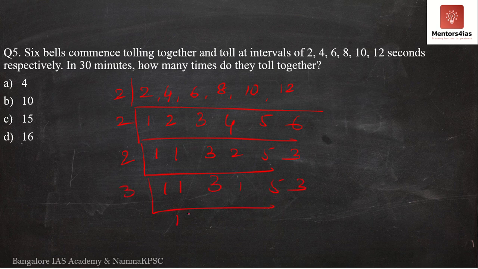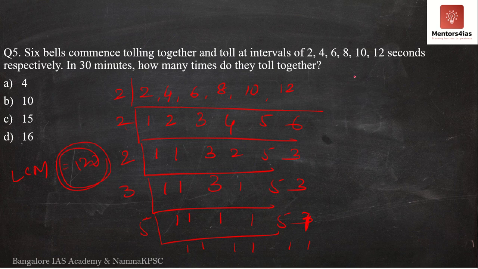Then 3, 1, 1, 1, 1, 5 and 3. Sorry, 1 and 5. 1, 1, 1, 1, 1, 1. So what is the LCM now? The LCM is 5 twos are 10, 10 into 4, and 4 into 12 (2 to the 4, 4 threes): 120. So 120. What does this mean?